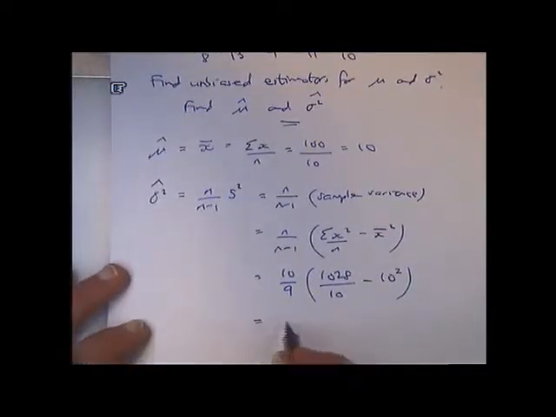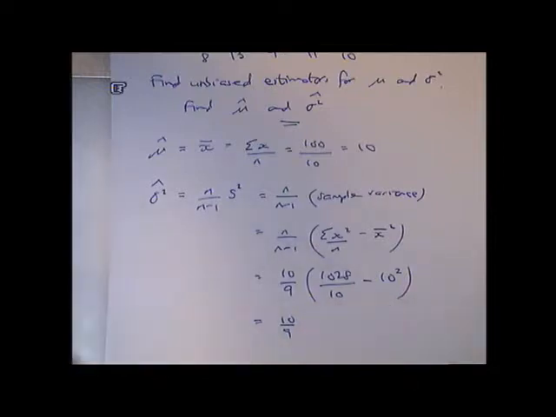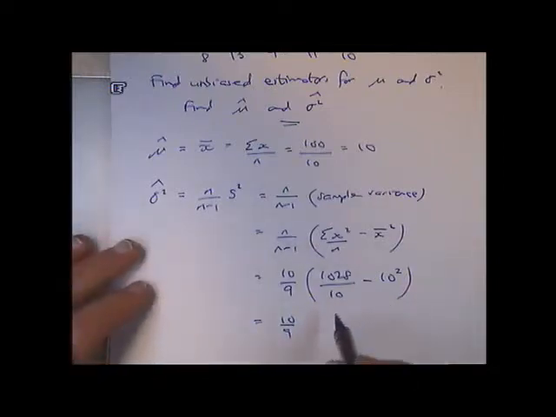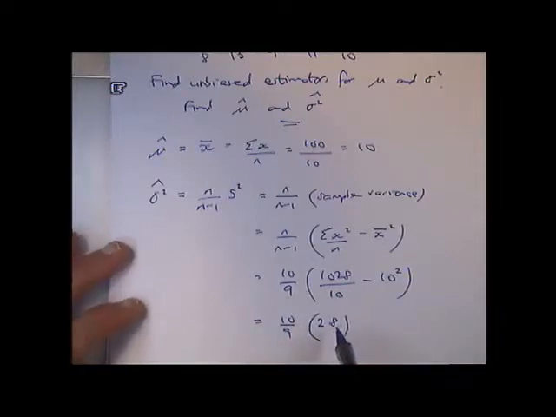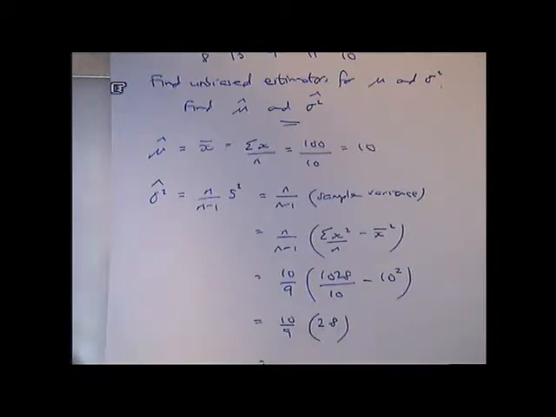Now, can somebody tell me what this value inside the bracket is? 10.28 take away... 2.8, yes. So, whilst 2.8 is our sample variance, our population variance will be 10/9 of that.